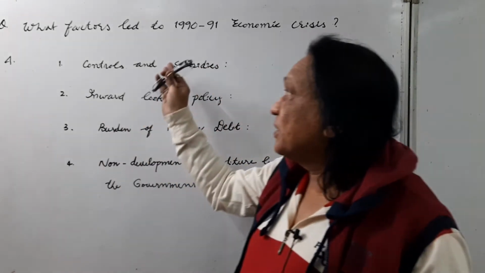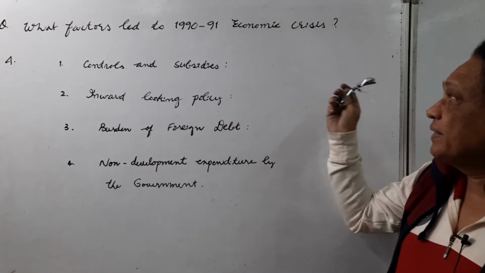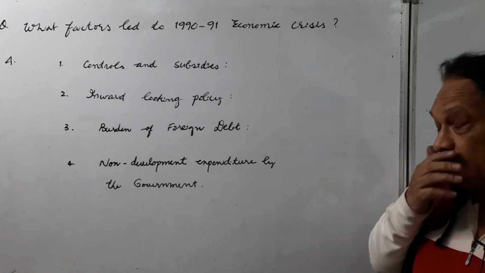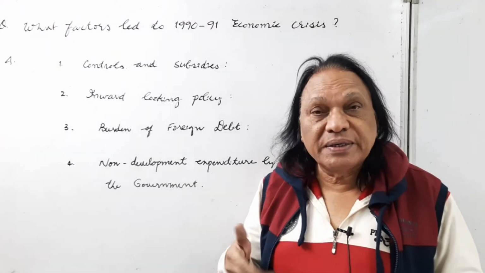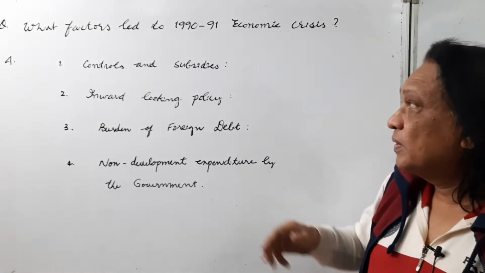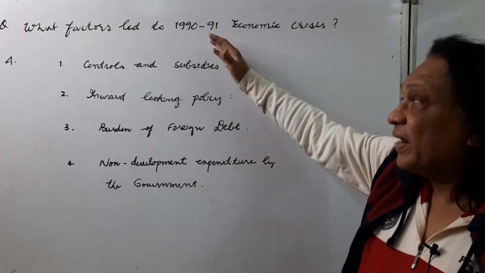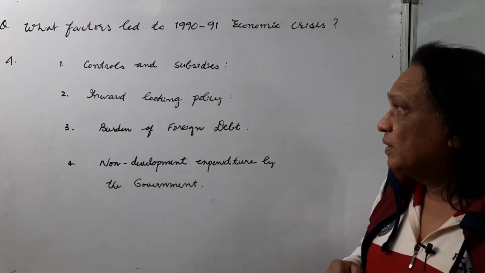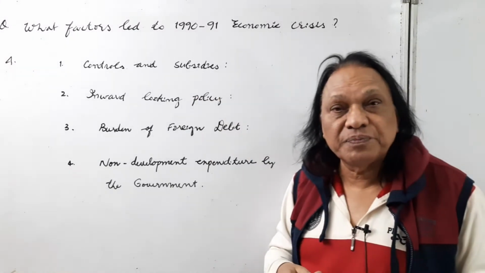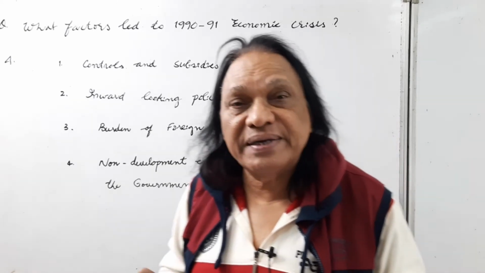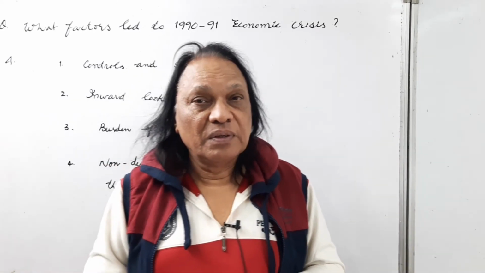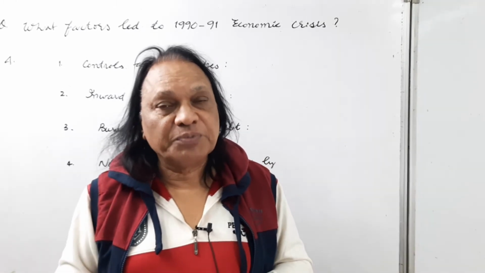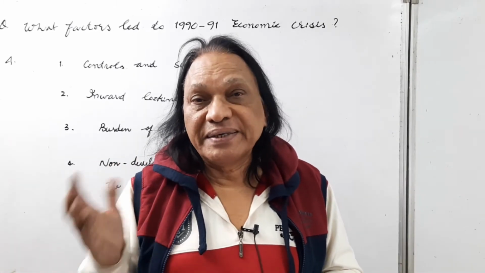Now, today we'll discuss what factors led to the 1991 economic crisis. The first one is controls and subsidies. Before 1991, there were so many controls in the economy. That means a license raj.